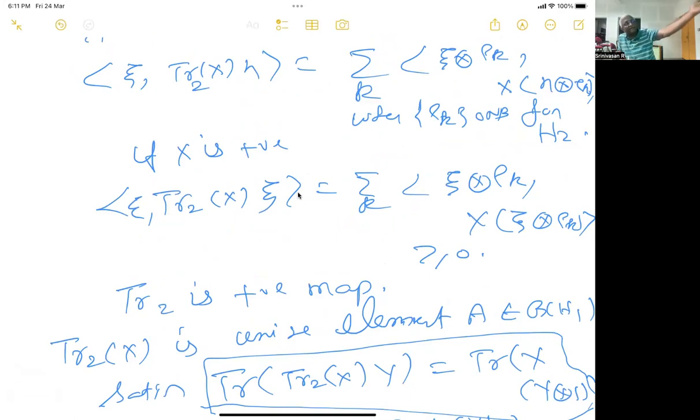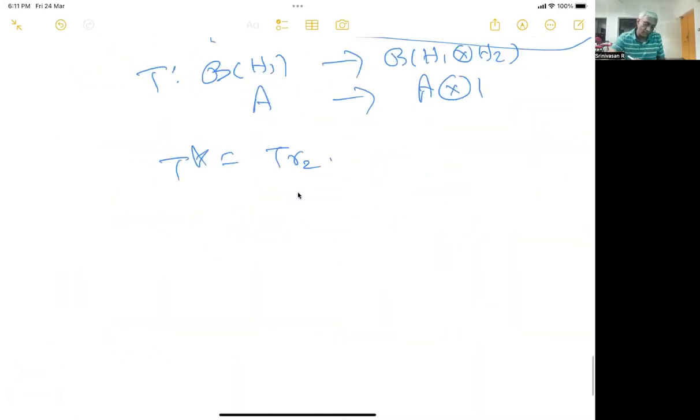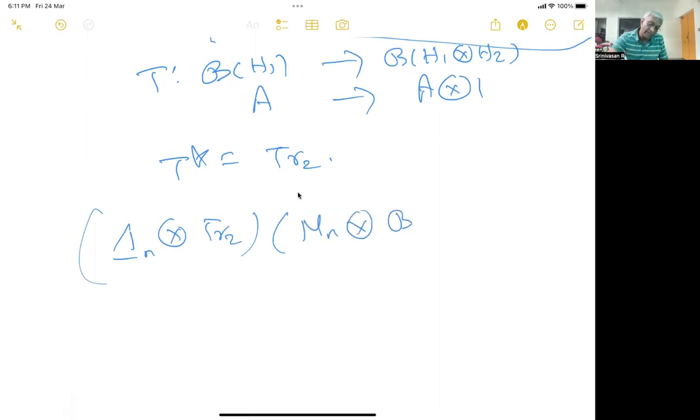Complete positivity, if you want to talk about it: 1n tensor trace 2 is a map from Mn tensor B of H1 tensor H2 to Mn tensor B of H1, right?